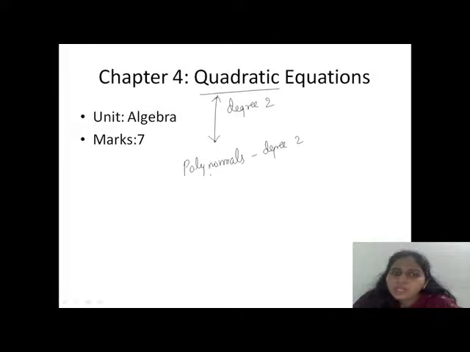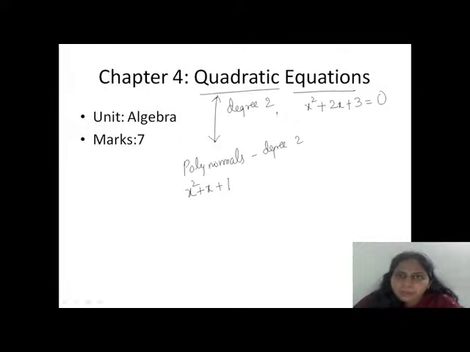Yes. So polynomial means it has only one variable, that is x. It will be like this. Whereas the quadratic equation, it is x square plus 2x plus 3. Both have the same variable, but what is the difference? We equate it to 0.